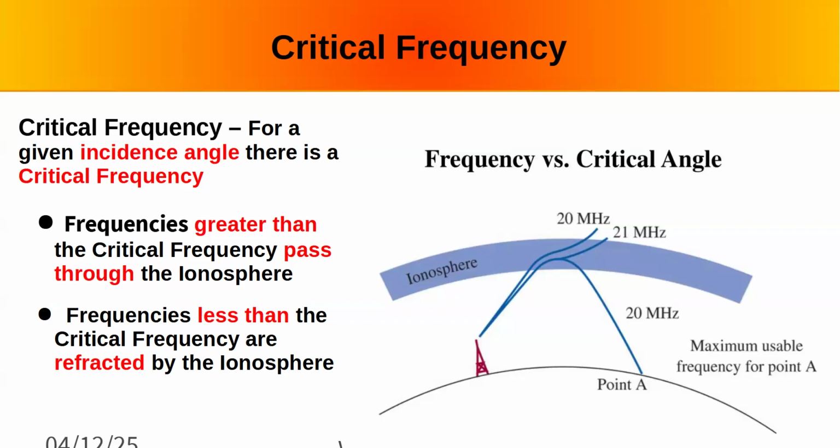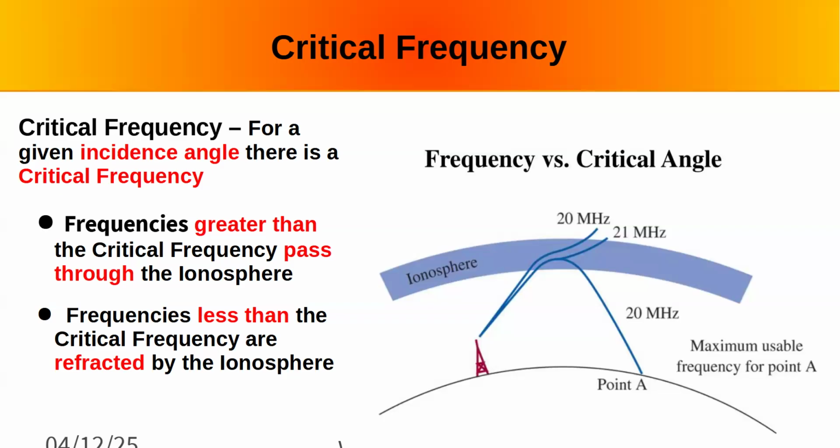So over there on the left, we have a higher incident angle at 20 megahertz. Take off and keep going, and it's too high, so it passes through. At 20 megahertz at a lower angle, it refracts. But 21 is still too high, and so it keeps going through.